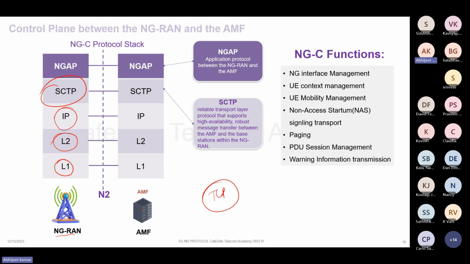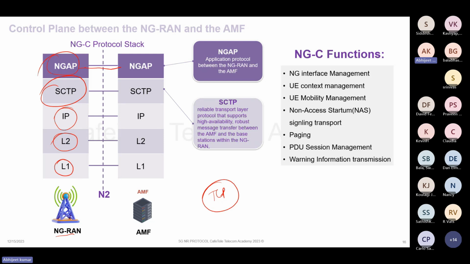Then the last one is called NGAP. NG means Next Generation Application Protocol. This protocol is a layer between the 5G radio and the AMF, so that they can handle the signaling required for the control plane function.